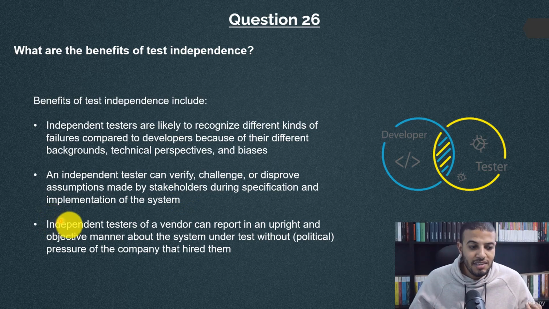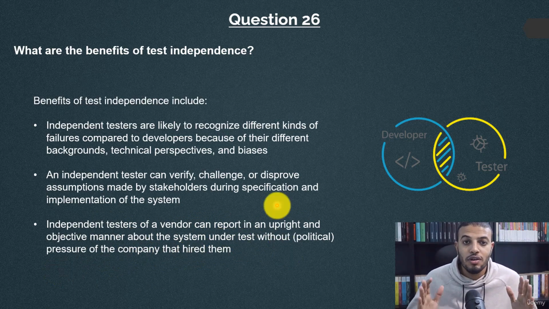Also, if you are an independent tester of the vendor, you can report in an upright and objective manner about the system under test without any pressure from the company that hired you. So if you work closely with the developers, in this case, you may feel afraid to report defects about the software, okay? You cannot say, for example, that this software is bad because it was developed by your team, by your teammates, okay?